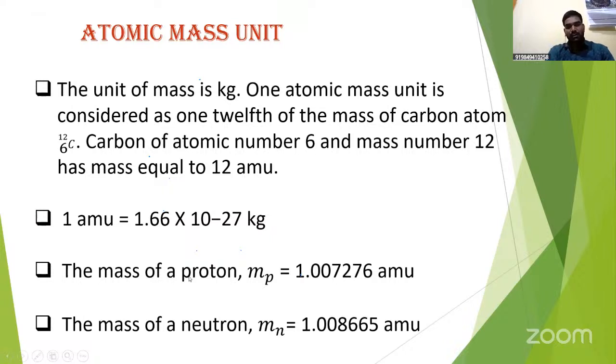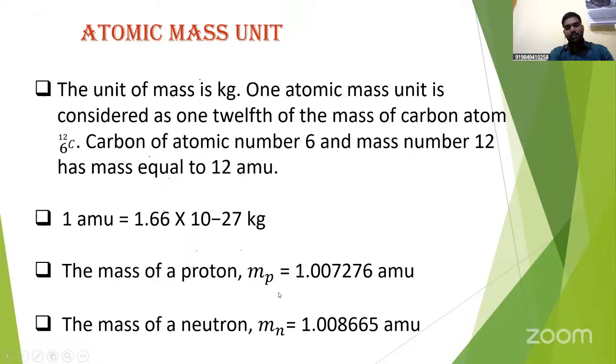The mass of a proton. The mass of the proton is how much? MP, mass of the proton, is equal to 1.007276 AMU. And the mass of the neutron is nearly equal, isn't it?